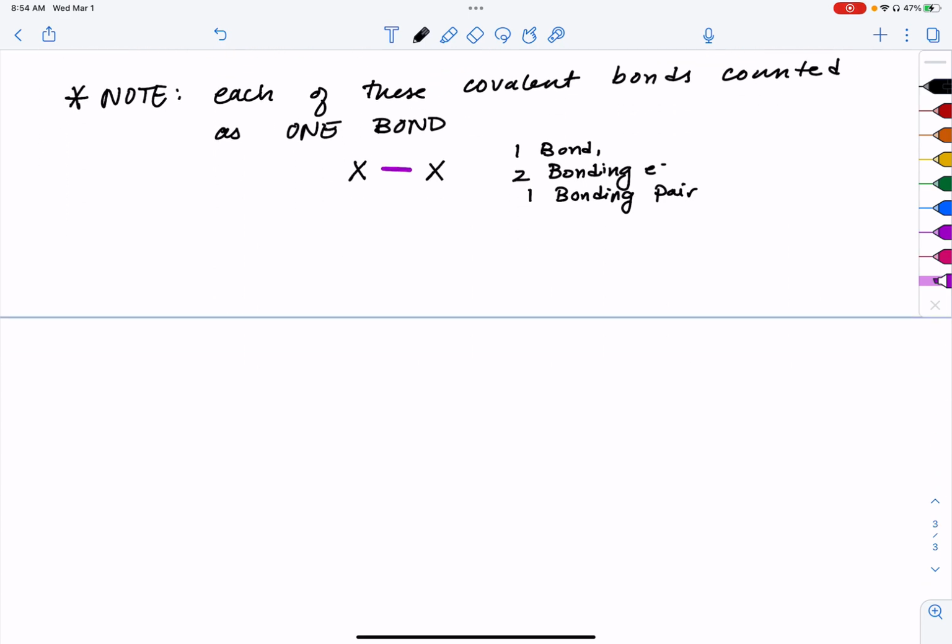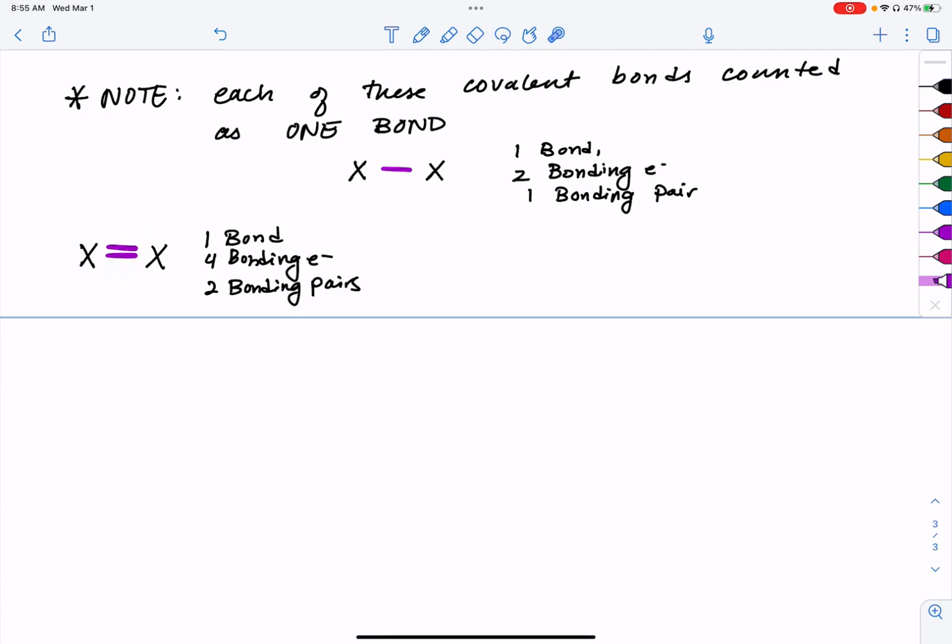If I were to have some elements X brought together using a double bond, this is still also one bond, but it is one bond that consists of 4 total bonding electrons, or 2 bonding pairs. So this is still just one bond holding them together.